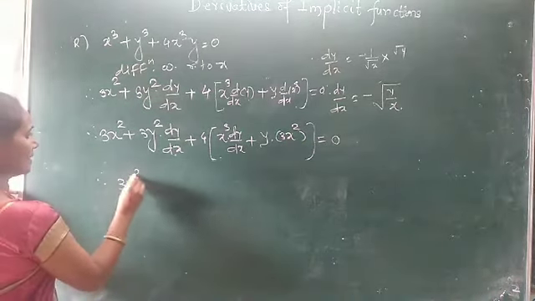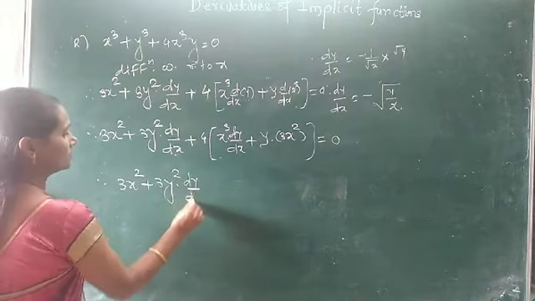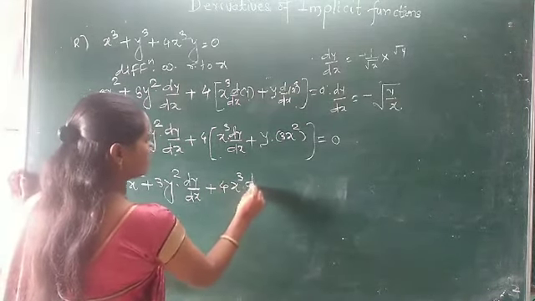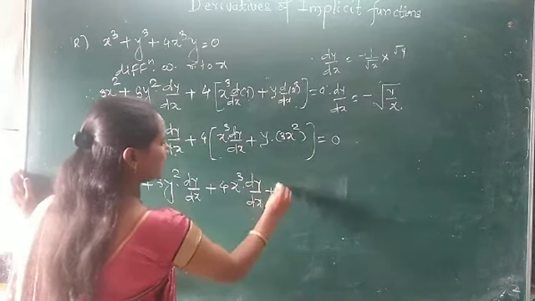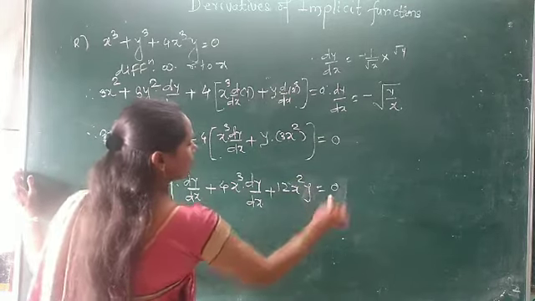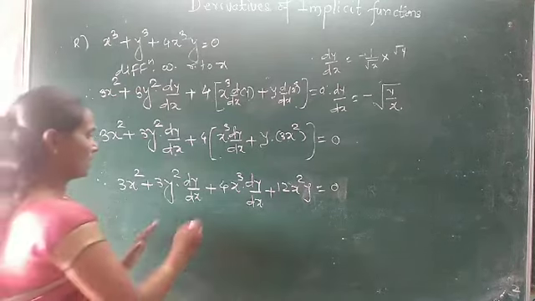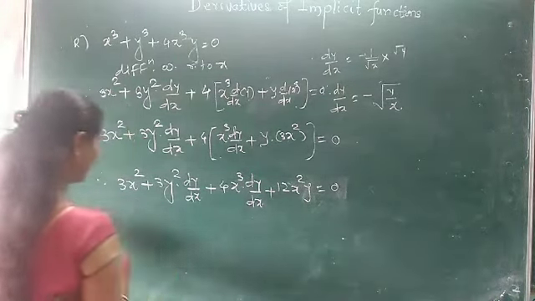Therefore this term can be written as 3x square plus 3y square into dy upon dx plus 4x cube into dy upon dx plus, that is 4 into 3, that means 12x square into y is equal to 0. We have to find value of dy by dx. So take dy by dx, terms of dy by dx are common.